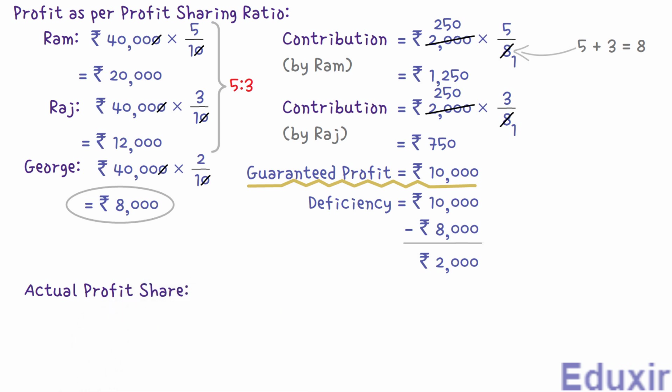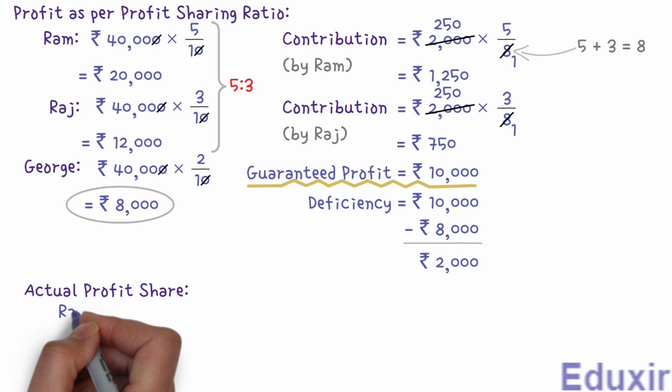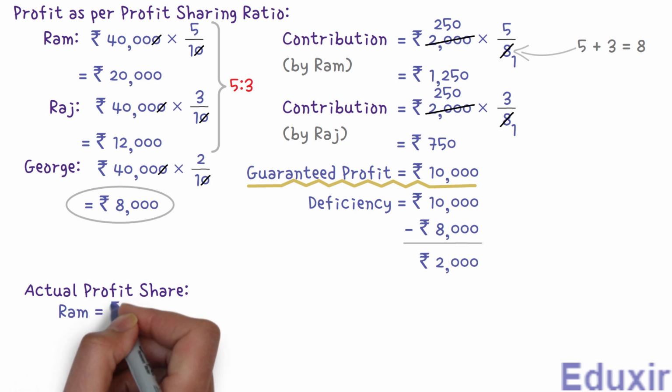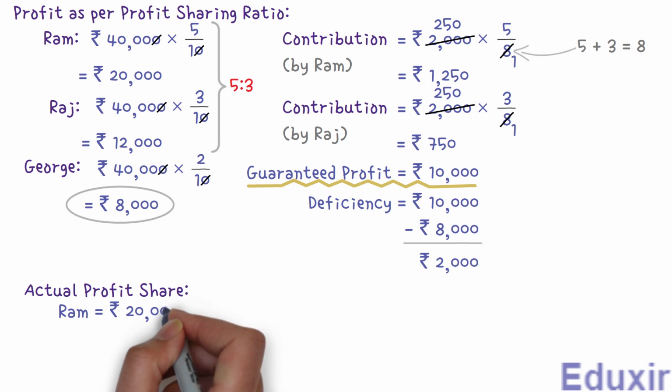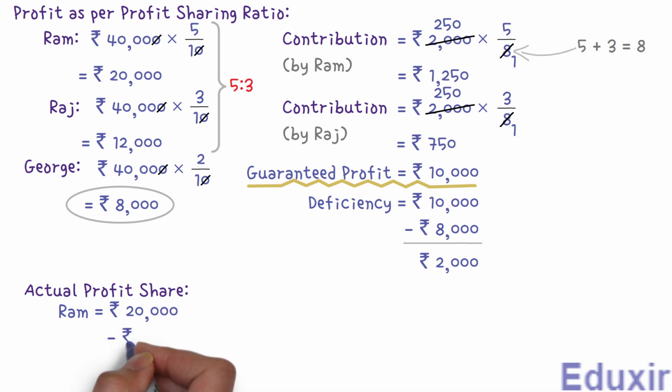Now, the actual profit share of the partner Ram is equal to his share of profit as per the profit sharing ratio, which is 20,000 rupees, minus his contribution to the partner George's profit share, which is equal to 1250 rupees. Subtracting, we get 18,750 rupees.